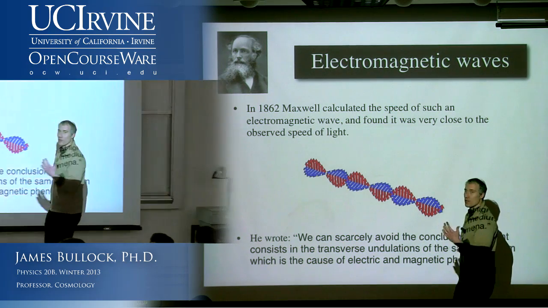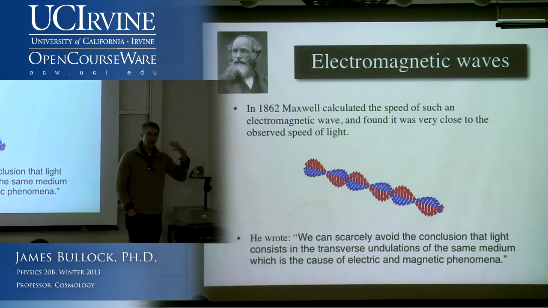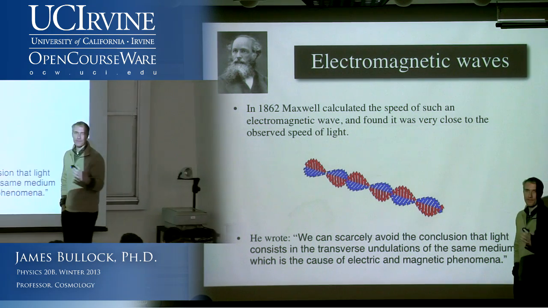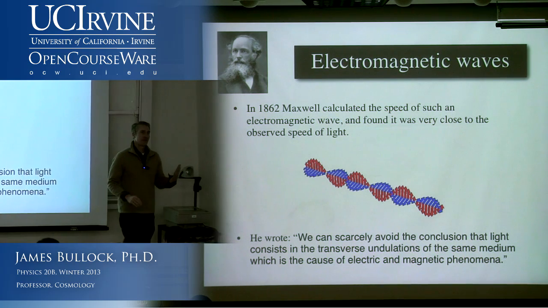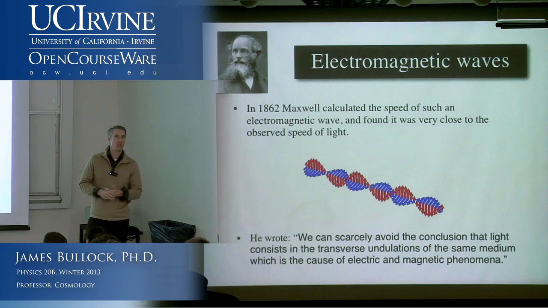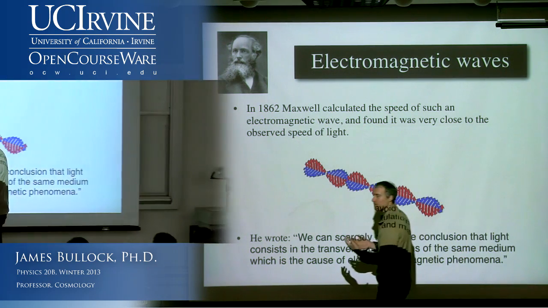And so for him, it was sort of this natural thing. He's like, wait a second, this light that we use to see, this is just an electromagnetic wave. And it behaves in exactly the same way an electromagnetic wave would behave. And it just so happens to have a specific wavelength or frequency.